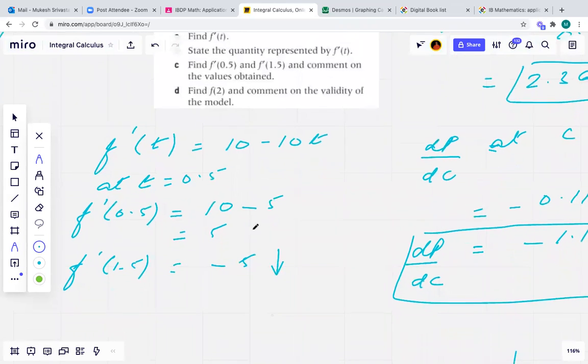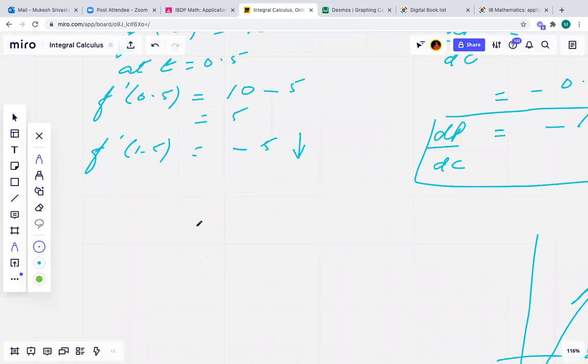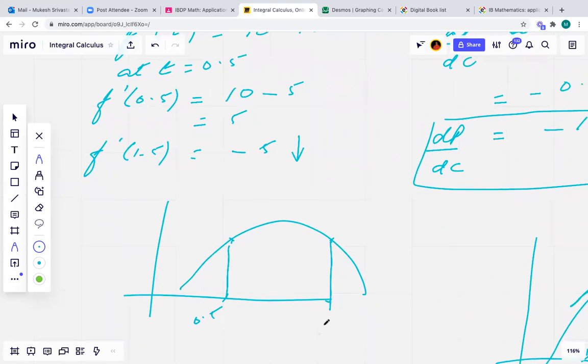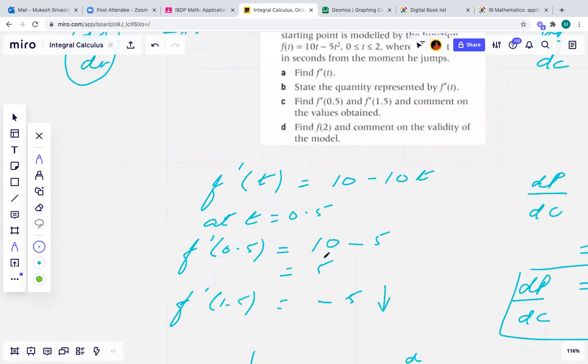At 0.5 it's increasing, at 1.5 it is decreasing. So somewhere between the two, it is maximum.